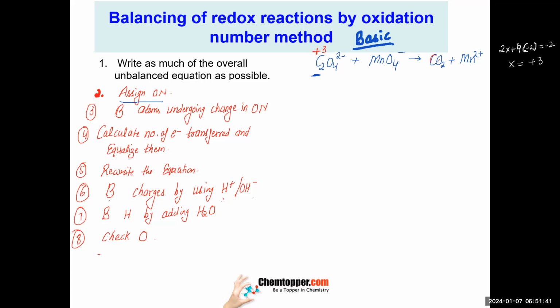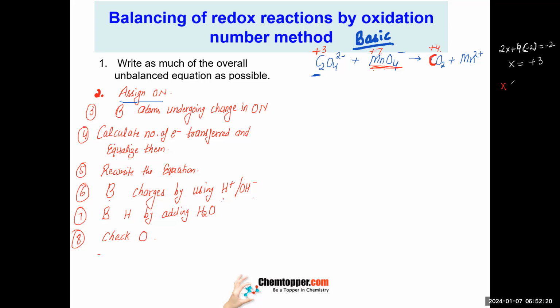What is here in CO2? Calculate. Yes, plus 4. Manganese. Work out manganese, children. Same method. You can assume X. It is plus 7, the permanganate manganese.